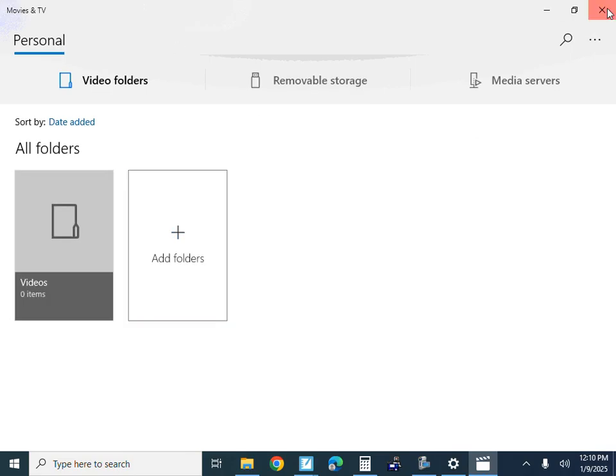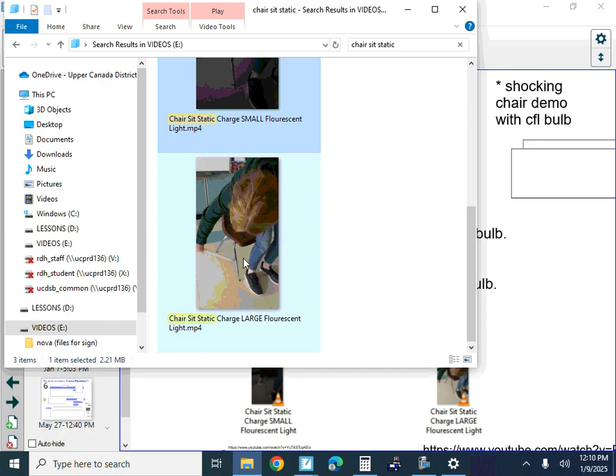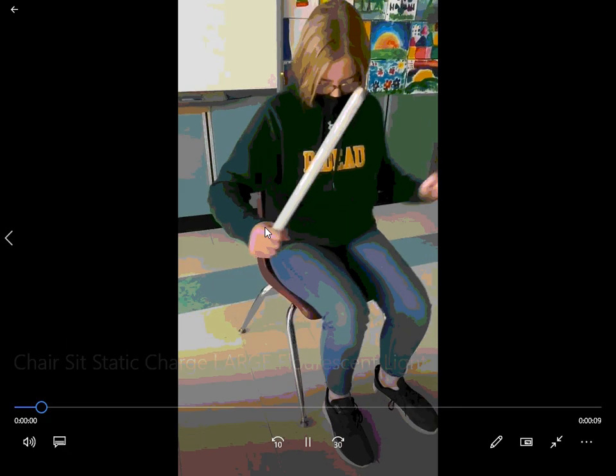This is something you can do as well. It's surprising, at least I was surprised when I first saw it: you can actually get that spark, that jump of electricity, to go through a light bulb, and it makes the light bulb flash, which is kind of cool. I was surprised to find that a large fluorescent bulb was even more impressive.